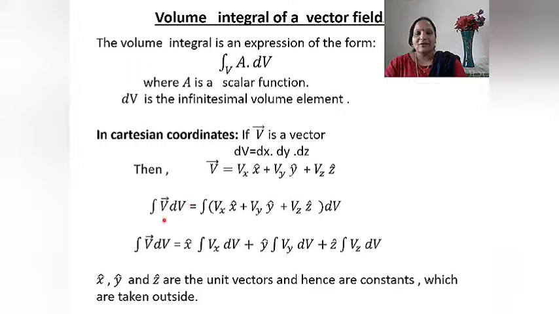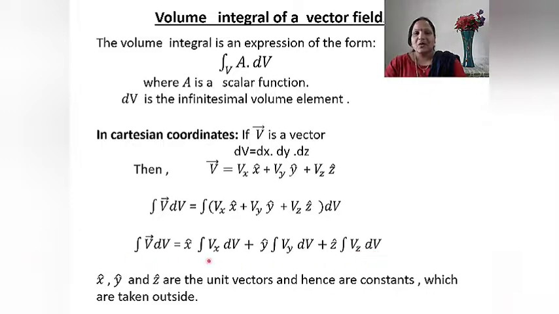Then we can write the volume integral of v dv as the volume integral of (vx x cap plus vy y cap plus vz z cap) dv. This volume integral can also be written as x cap times volume integral of vx dv plus y cap times volume integral of vy dv plus z cap times volume integral of vz dv.